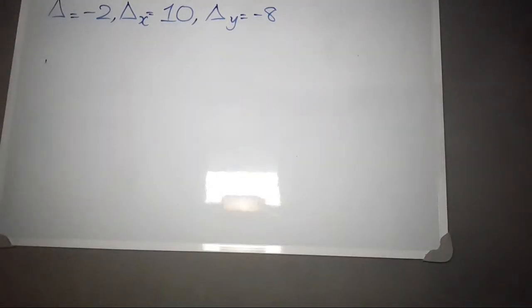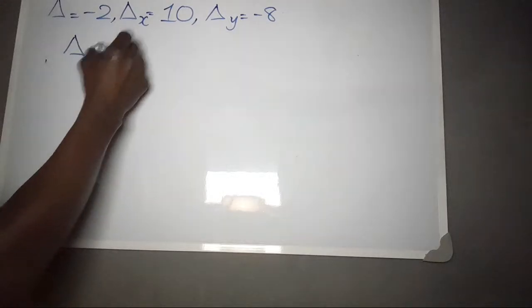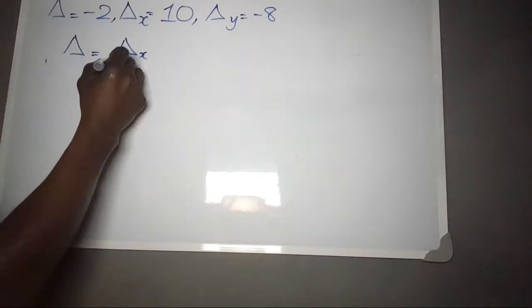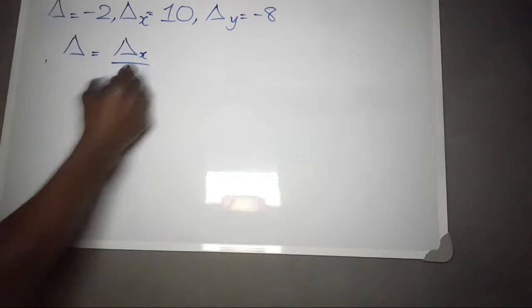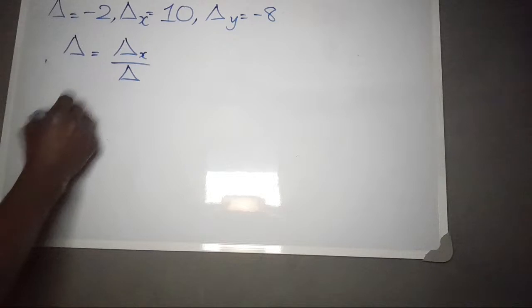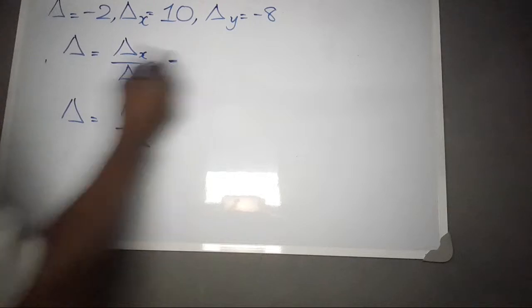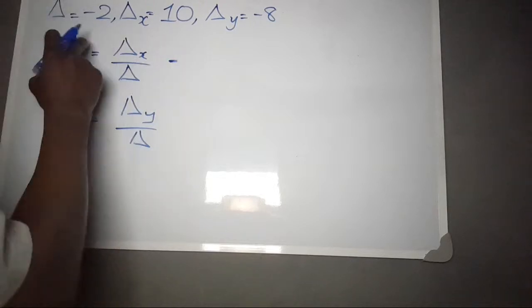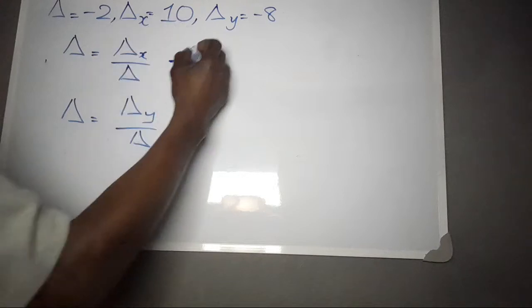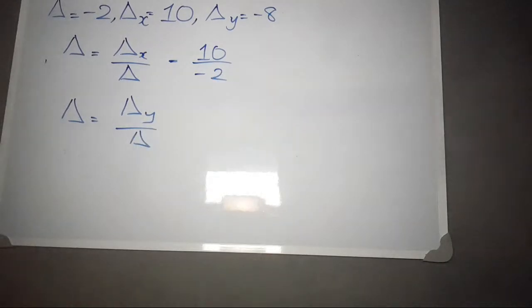So the last thing we are doing is a formula which says determinant equals the determinant of x all over the main determinant. Now, this is for x, so we are going to use the same determinant for y and over the same determinant. So we have determinant for x, which is 10 all over minus 2.